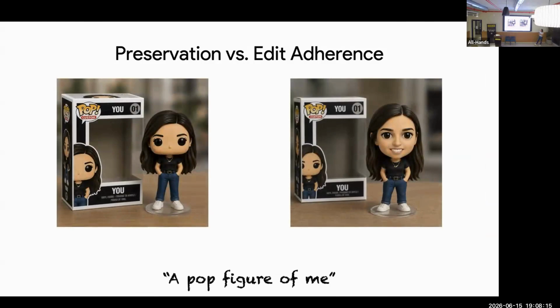But in other examples, you might have a trade-off. Let's say that I want to take an image of myself and turn myself into a pop figure. On the left you see something that actually looks like a pop figure, but if I showed you only this image, maybe you would not recognize that this is me. But on the right, it doesn't really have the features of a pop figure, but I'm more recognizable here.